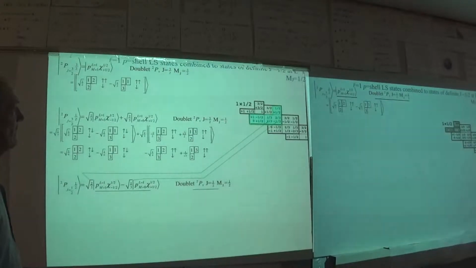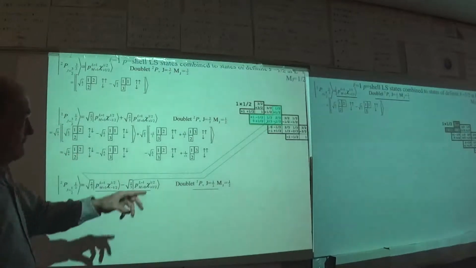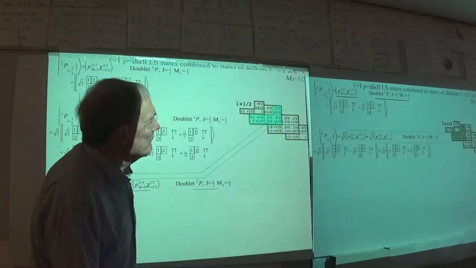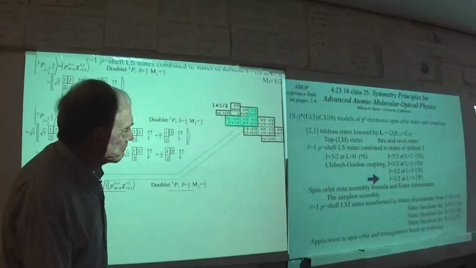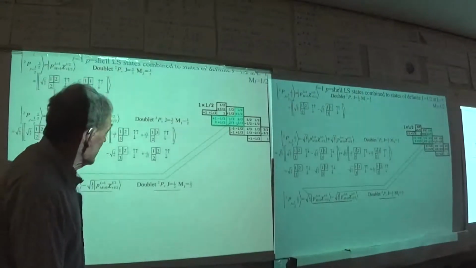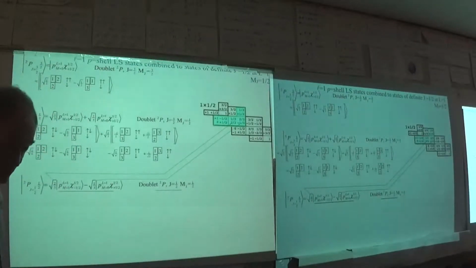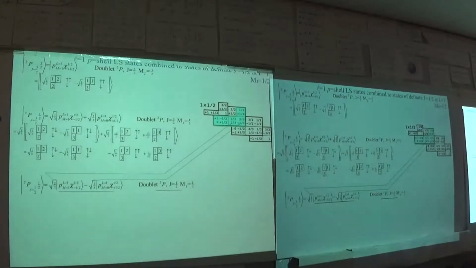And then the next stop is to look at, instead of J equal 3 halves, J equal a half, which is the rest of the doublet system for the orbital angular momentum of L equal 1. So we're taking the Russell-Saunders LS states and making LSJ states out of them.